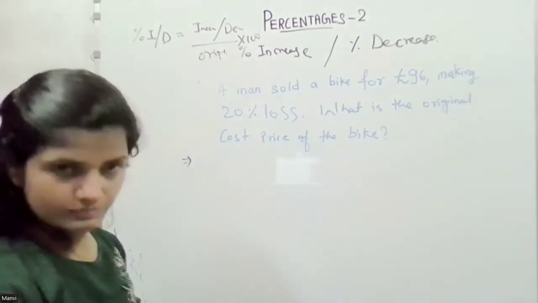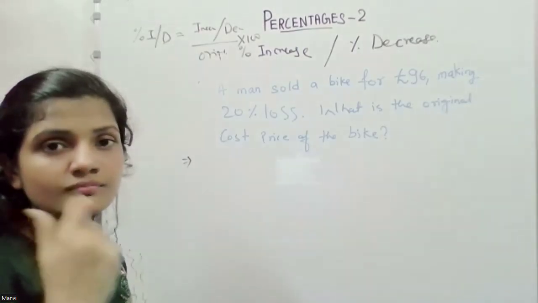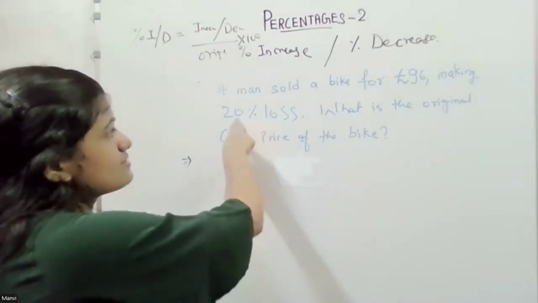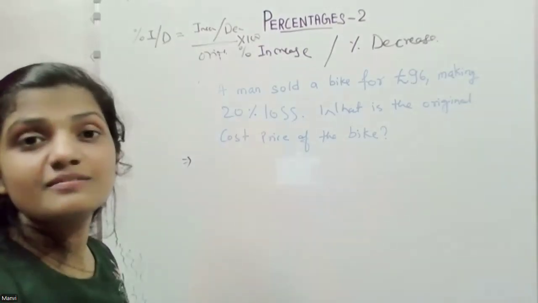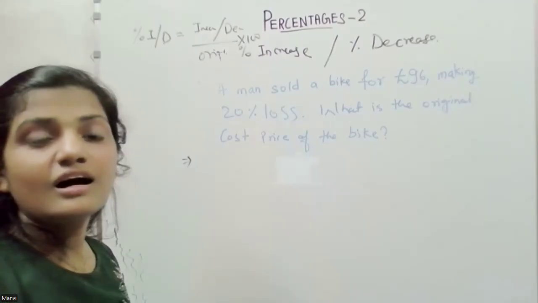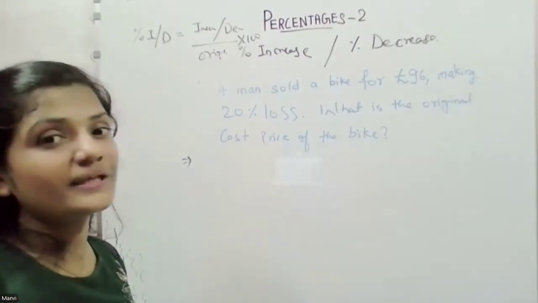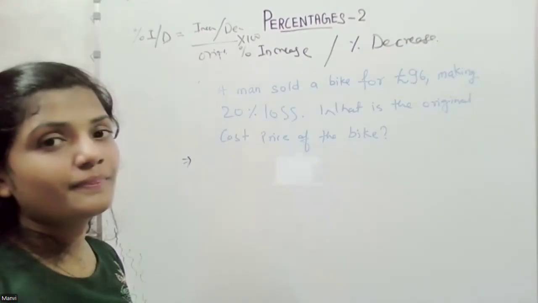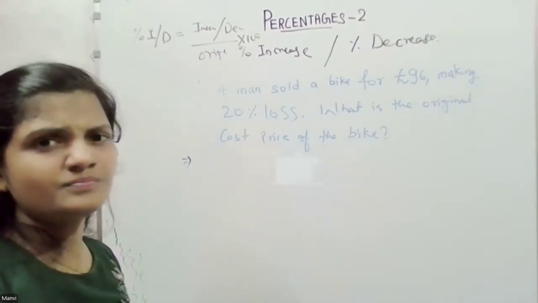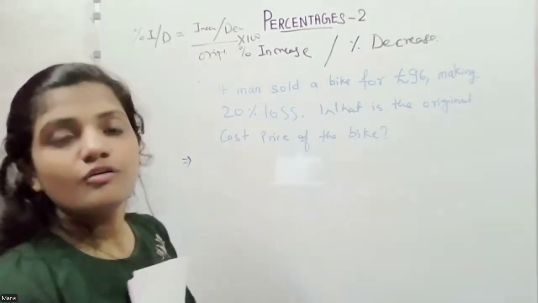Is the answer 480%? Loss means take away. Earlier the cost price was 100 and now you need to take away 20 from there. Oh no, what are you doing?